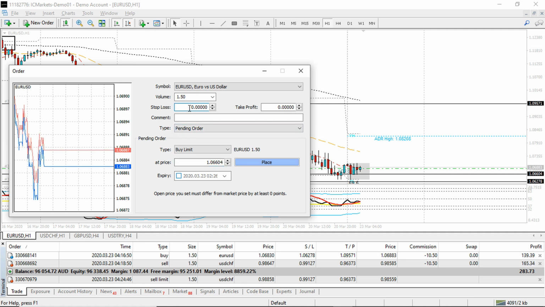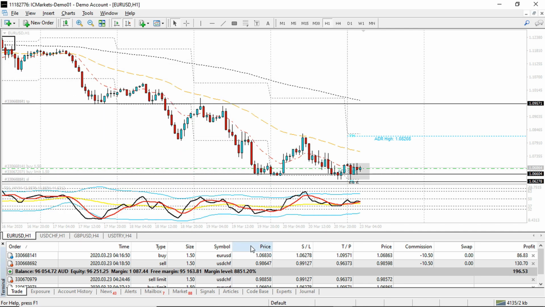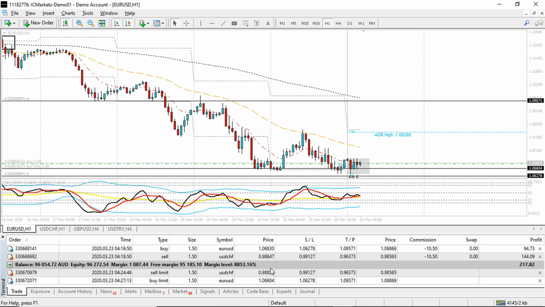Our stop loss remains the same at 1.06278, and then our take profit is at 1.09571. And once again we click on place and OK. So automatically our buy limit on Euro USD has been placed.